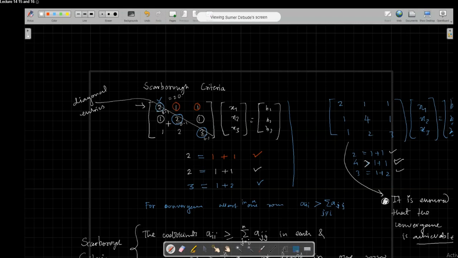So you see, by playing with the diagonal elements, you can increase the diagonal dominance of the matrix.